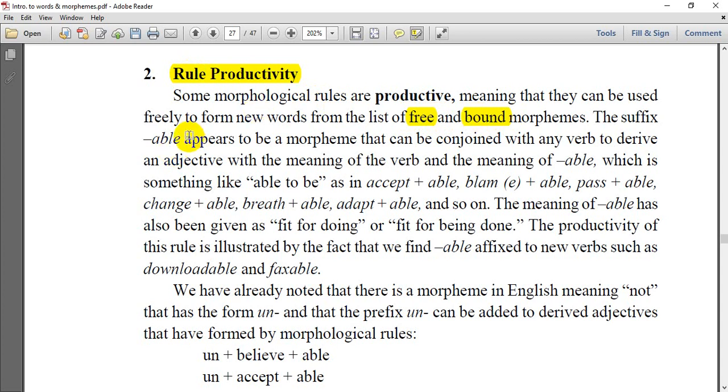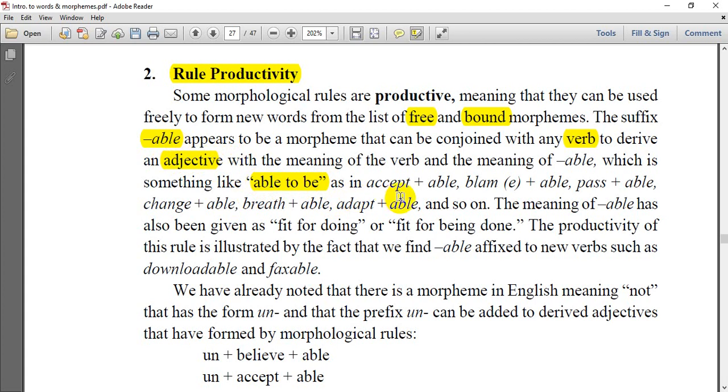The suffix -able appears to be a morpheme that can be conjoined with any verb to derive an adjective. We add -able to the verb to derive an adjective with the meaning of the verb and the meaning of -able, which is something like able to be.